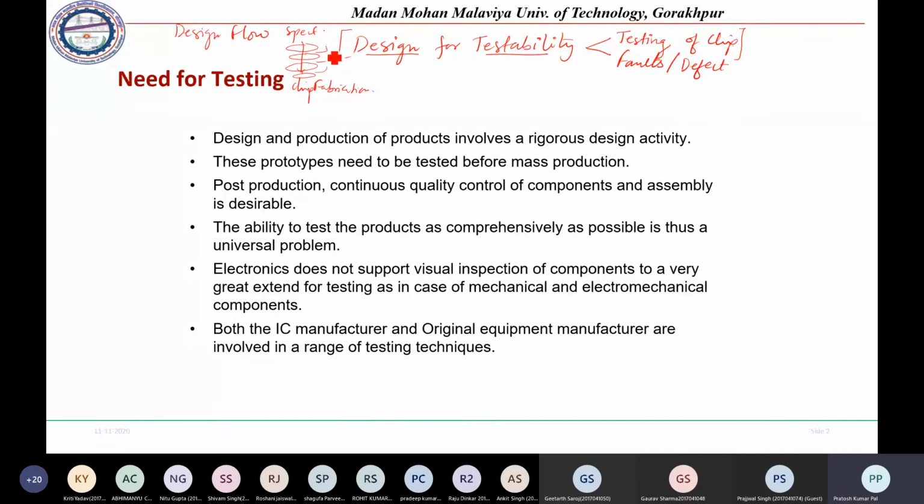All designs have feedback. Once you design a logical circuit, after designing it, we go for testing. We test this logical circuit whether it is meeting our specifications or not.